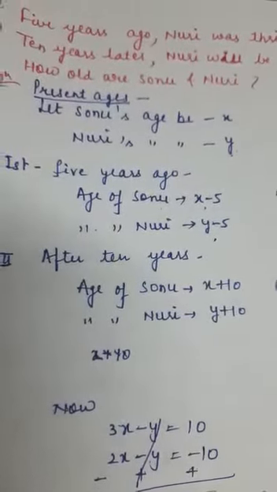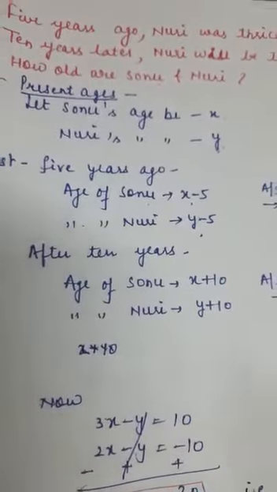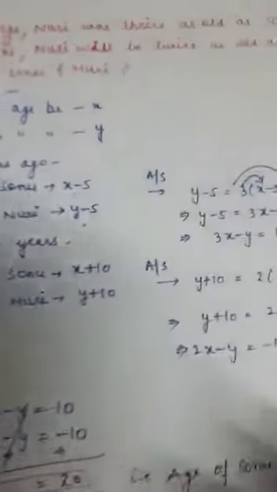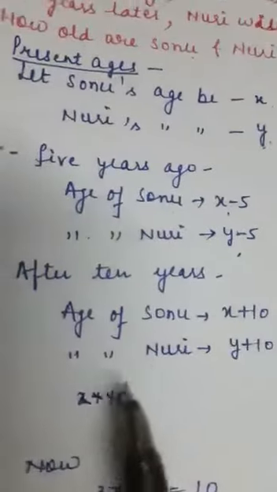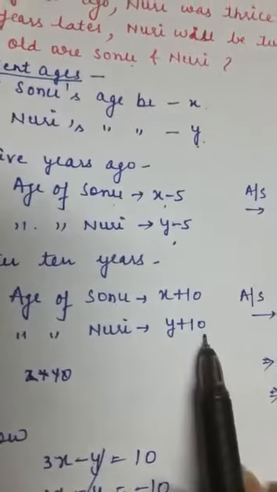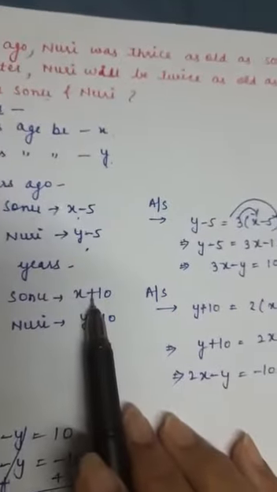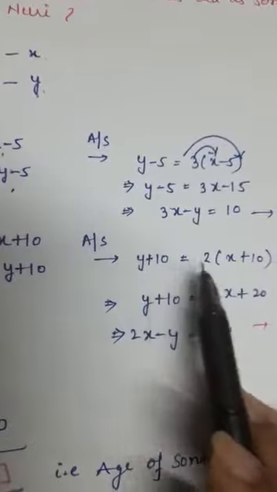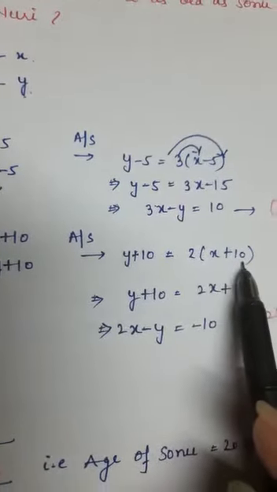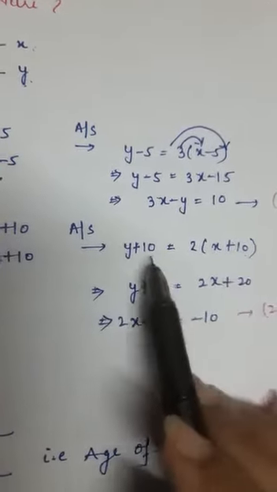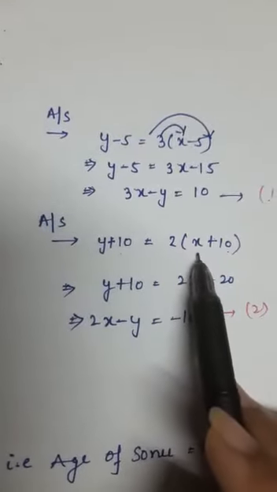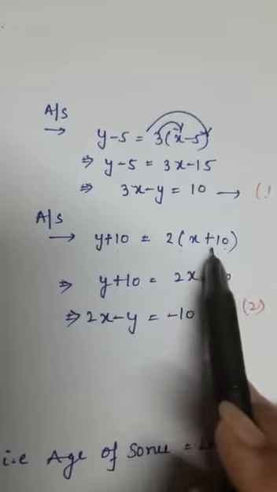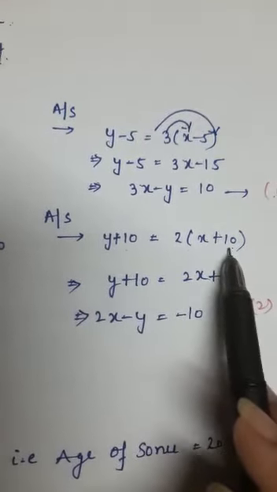Now I have to concentrate on my statement. After 10 years, Noori's age will be twice the age of Sonu. Noori's age is Y plus 10 and Sonu's age is X plus 10. So Y plus 10 will be equal to 2, or twice the age of Sonu, that is X plus 10.